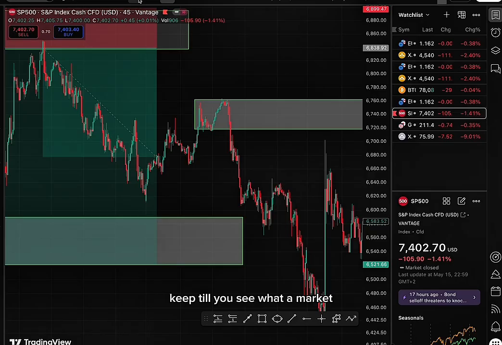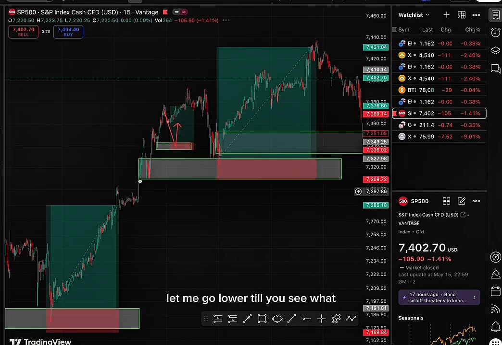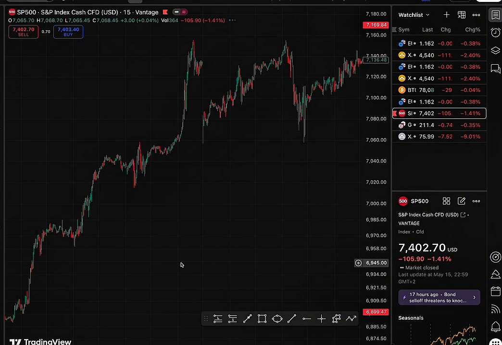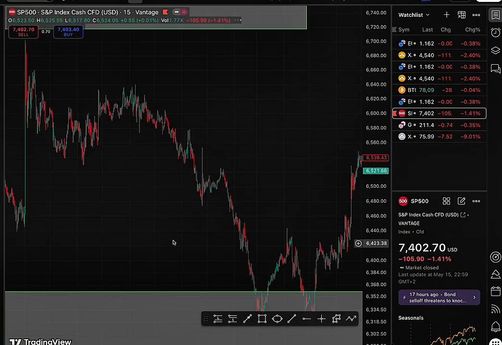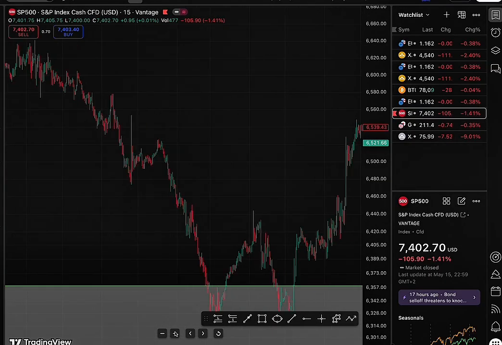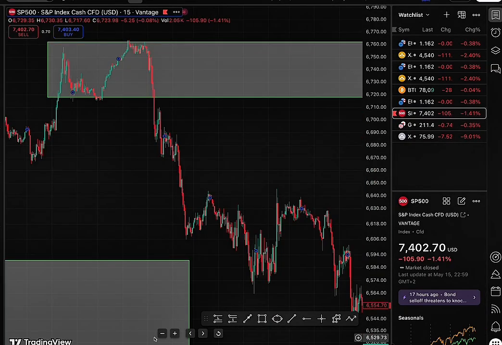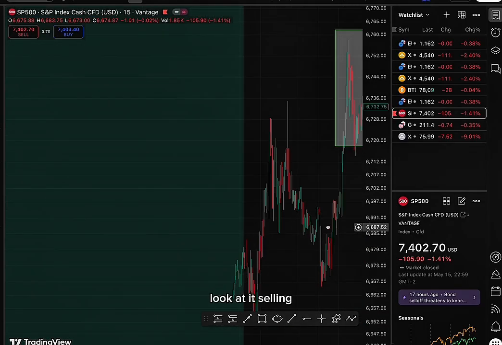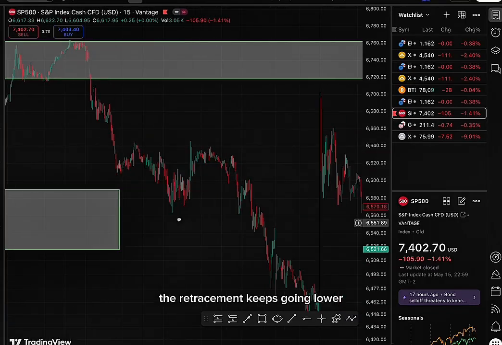A market. Let me go a bit lower. Let me go lower. Till you see what? You can see. Look at it. Selling. The retracement keeps going lower.